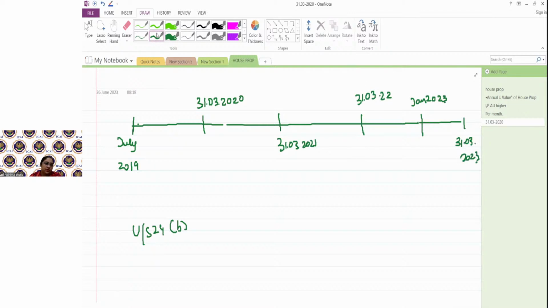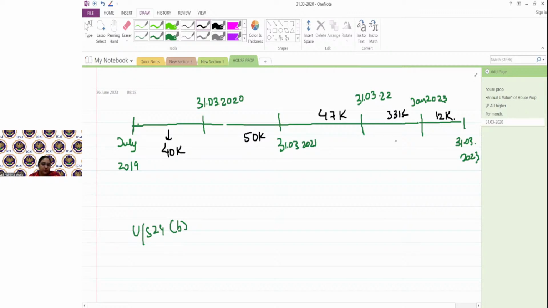The interests are given to you as under, okay? April 2022 से January 23 का interest is 33,000.